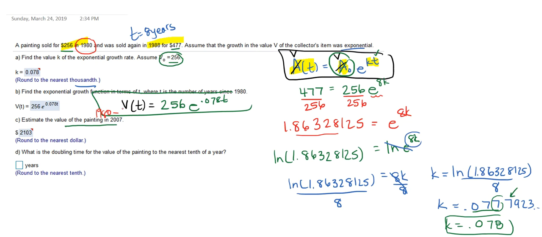So 2007 minus 1980 is 27 years later. So I'm going to use the function above and I'm going to plug in 27 for the time. So the value will be 256 times e to the 0.078 times 27.